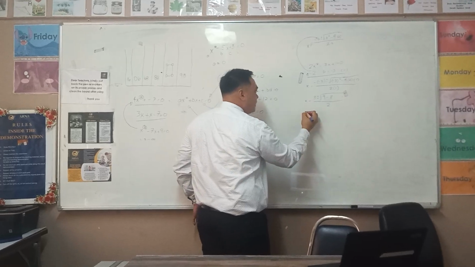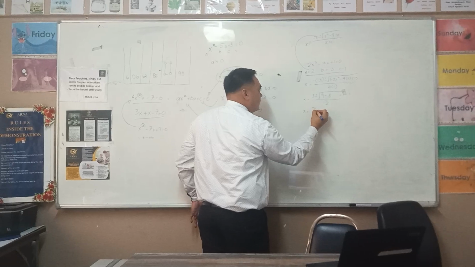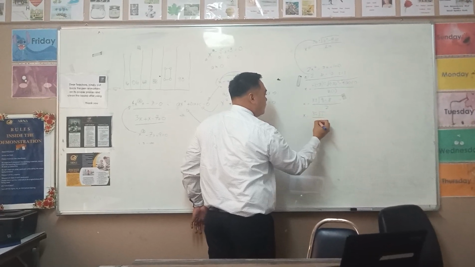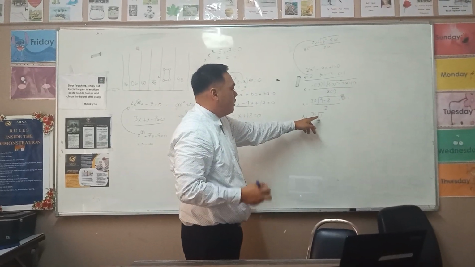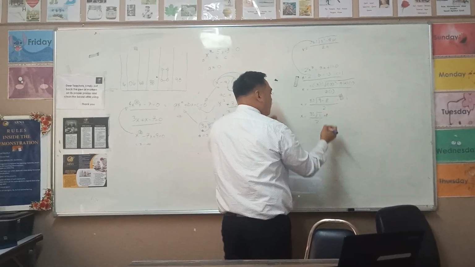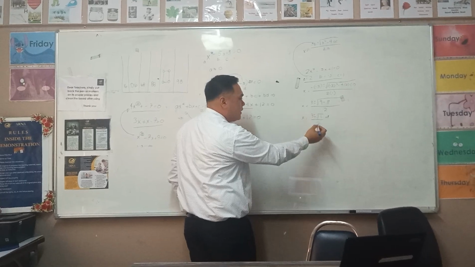Next, we solve this in this form, 3 plus or minus the square root of 1, all over 2. The square root of 1 is always 1. So we have two signs here, which are the positive and the negative.